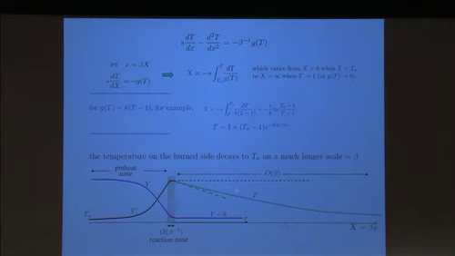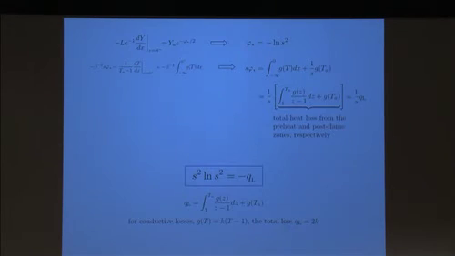And for the description of what's going on in the flame, it was sufficient to take only the linear part that described the behavior of this exponential decay near the flame. Okay, I just told you in words what we did in mathematics. So now let's go back to this expression.